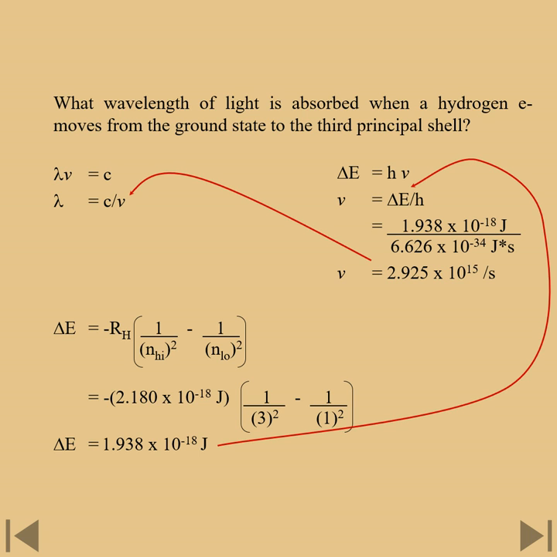And when I plug this into my original equation, the speed of light, that 2.998 times 10 to the 8th meters per second, divided by this just calculated 2.925 times 10 to the 15th reciprocal seconds, note how the two reciprocal seconds cancel to leave us with the appropriate unit of meters at 1.024 times 10 to the negative 7th meters, which is a reasonable answer.